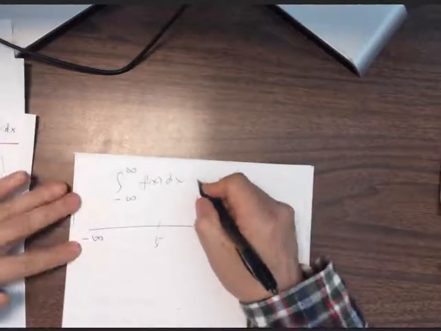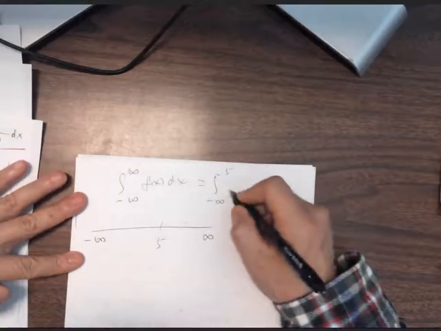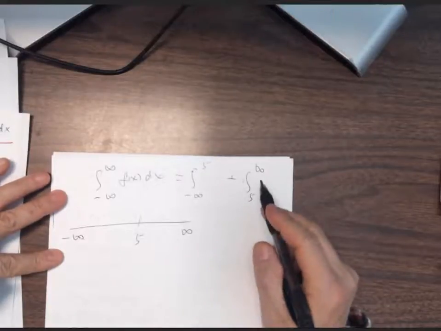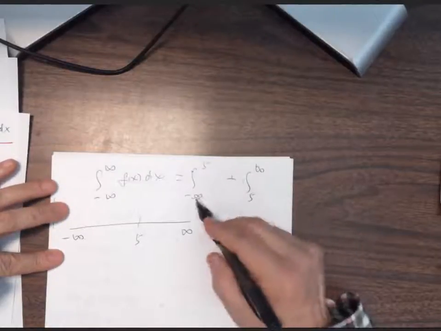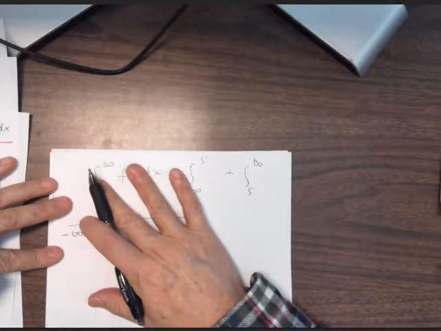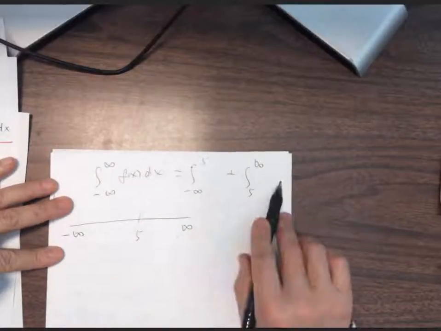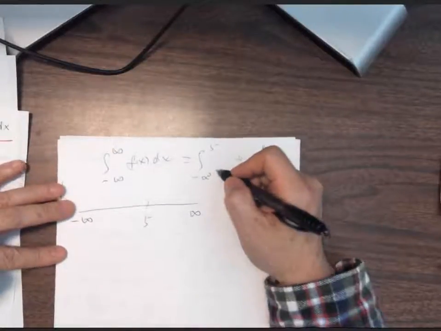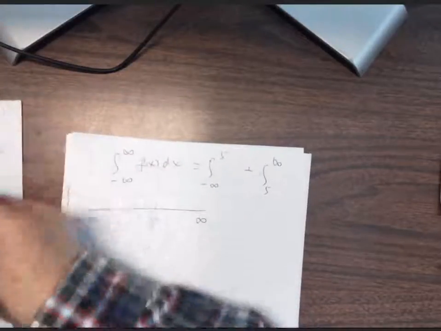Say +5. Just like the previous example, we would split this into negative infinity to 5 as one, and 5 to positive infinity as another. We check out each. Same is true: if one of these split improper integrals diverges, the whole thing diverges. So for this thing to converge, each and every one would have to converge. Each and every one would be like how we did it in the first example.